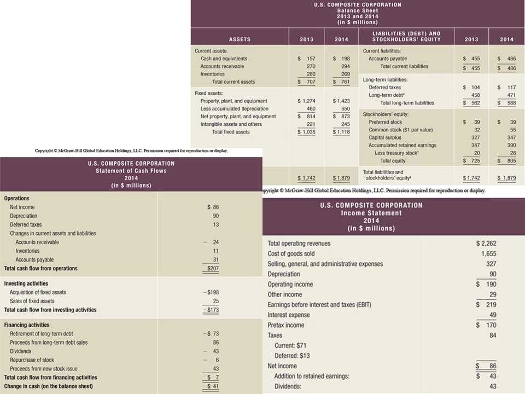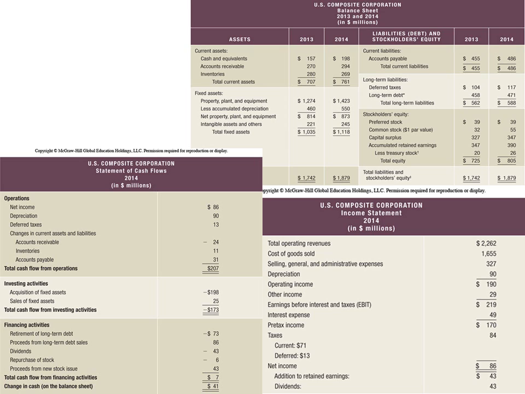Because net income is not cash. For example, net income has depreciation subtracted out of it, and we know that that is a non-cash expense, so we have to add that back. Thus, we add back 90 in depreciation. And the same is true for deferred taxes. That's not real cash, so we have to add it back, and it has been subtracted out of net income.